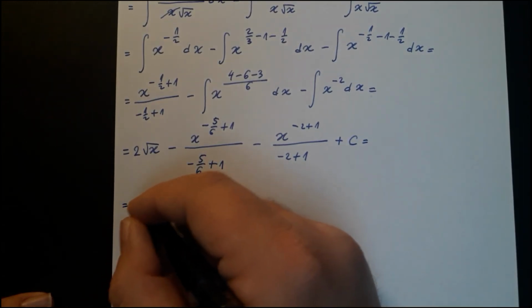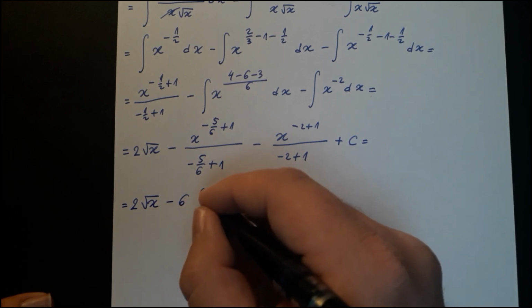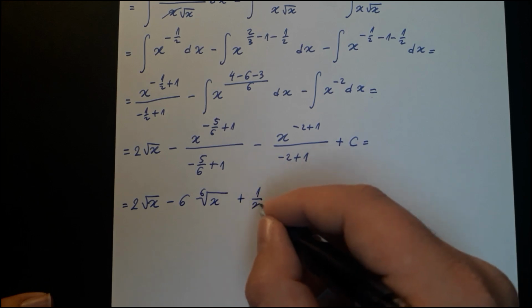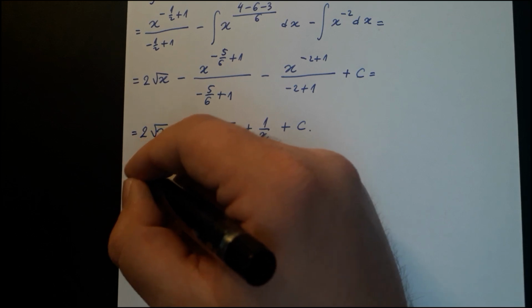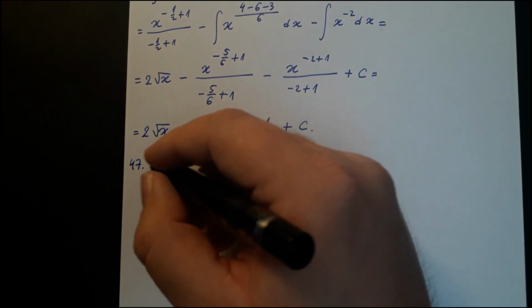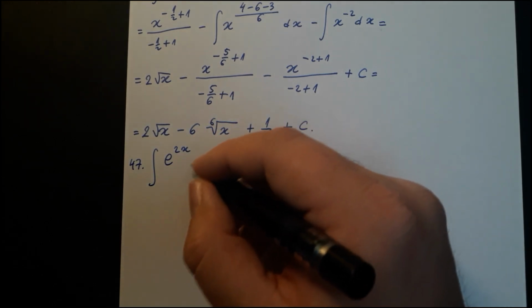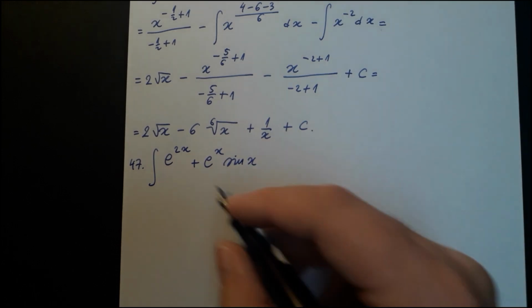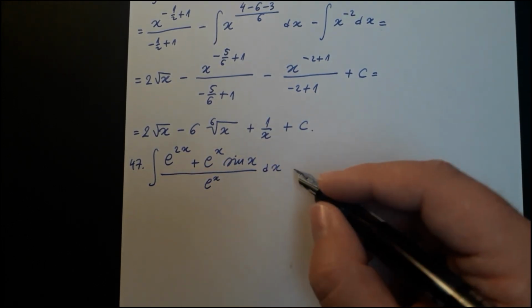This is then equal to 2 square roots of x minus 6 times the sixth root of x plus 1 divided by x plus c. Now, integral number 47 on our list is an integral of e to the power 2x plus e to the power x times sine of x divided by e to the power x dx.